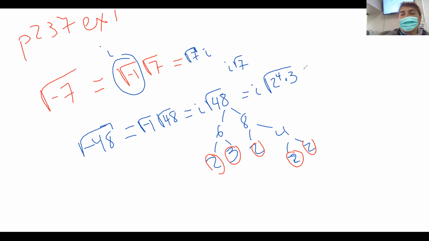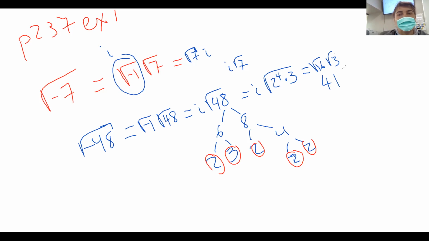So how can you simplify this? You need to take something out of the square root. Let's do it this way: the square root of 16 times the square root of 3. What's the square root of 16? 4.